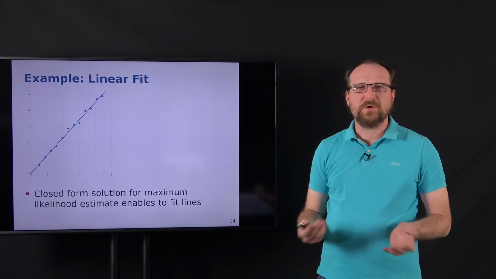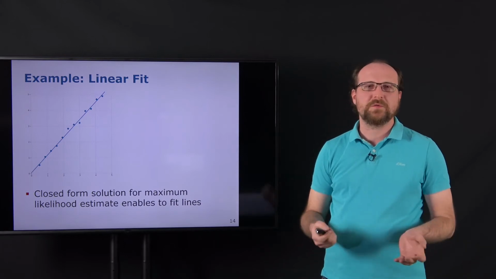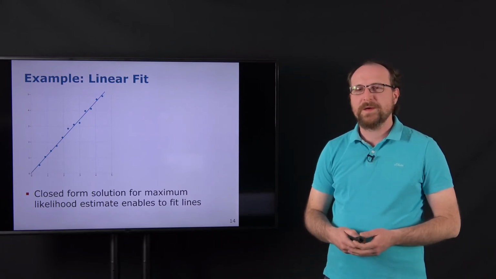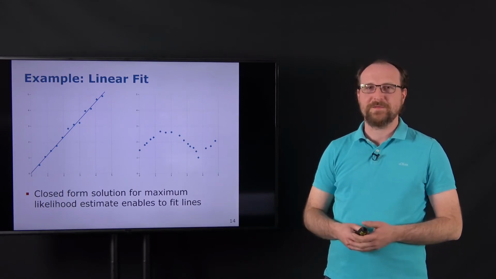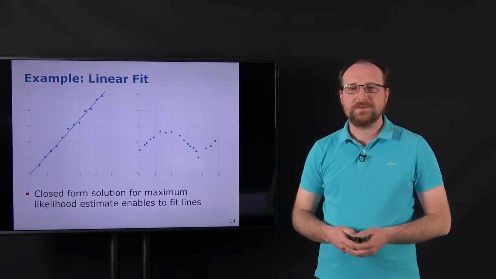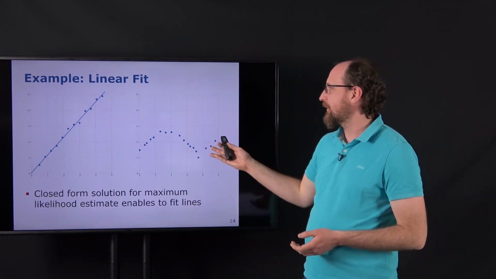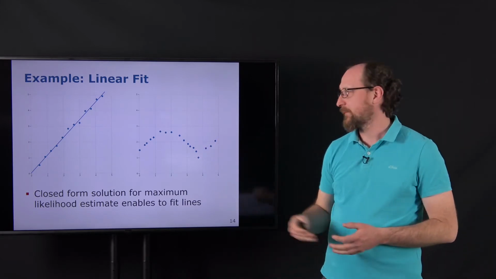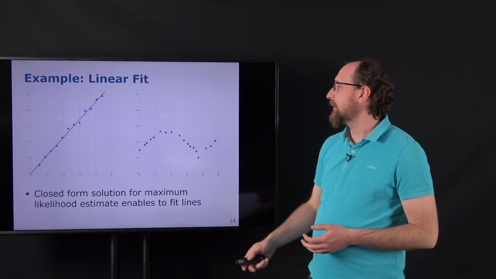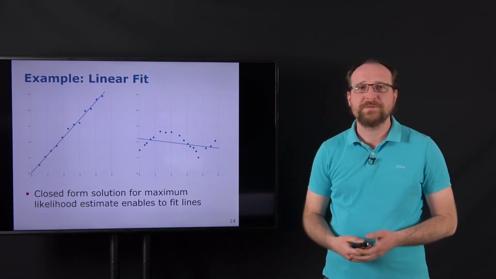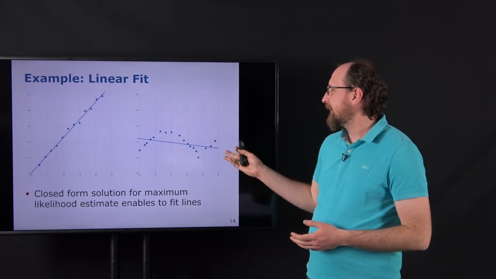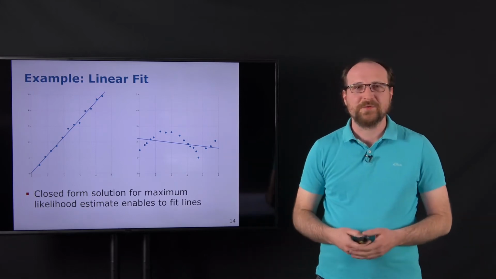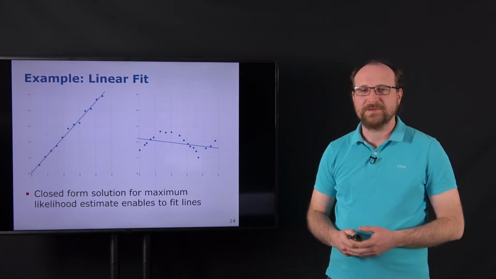So we are now equipped with the knowledge how to fit lines to points, but the more interesting functions are maybe nonlinear functions like this. And when we have such a data set, with training examples x and target values y, then when we just fit the line here, this is not a good explanation of the data set.